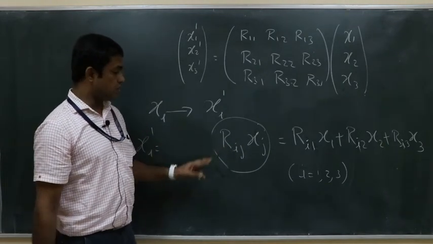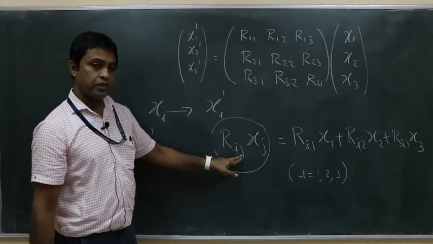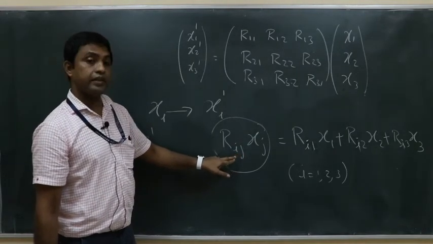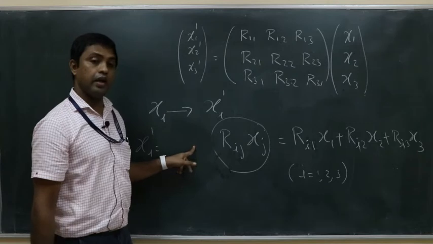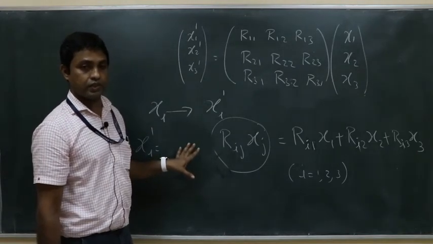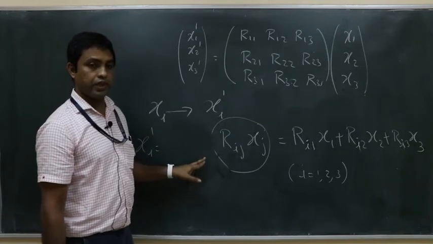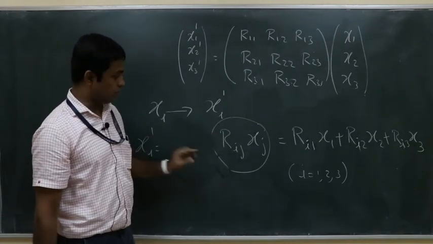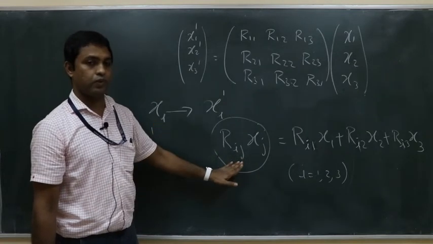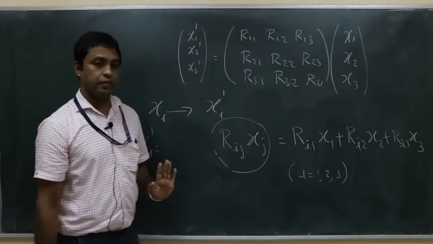So from now onwards, if there is a dummy index, that means there is a summation over that index, and that summation I will not write explicitly. This is basically the index notation summation convention. We are not ignoring it, because j is there, so we don't want to write that explicitly. It is understood now because we know that j is a dummy index.